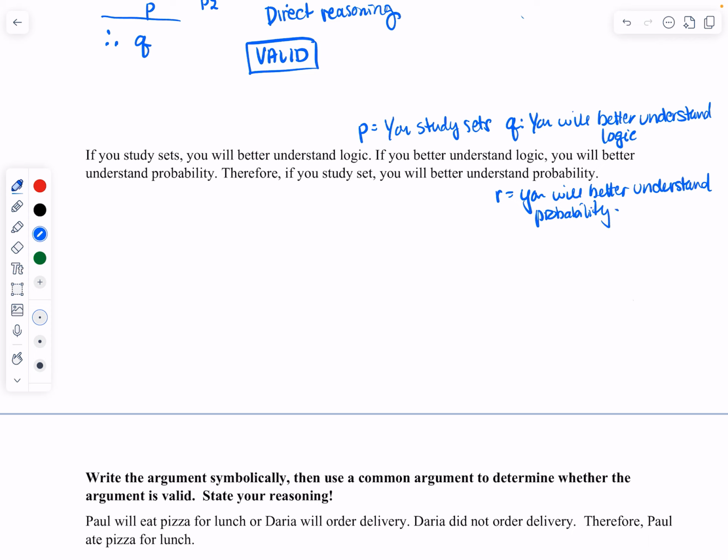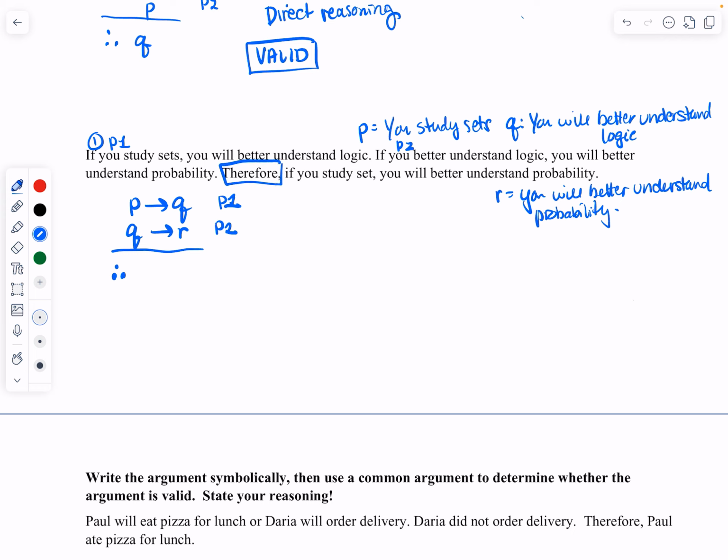So let's look at the first sentence and do P1. If you study sets, that's P, then you will better understand logic. That is Q. So this is P1. Let's look at P2. If you better understand logic, that is Q, then you will better understand probability, which is R. And then we have the conclusion, because there's a therefore word.